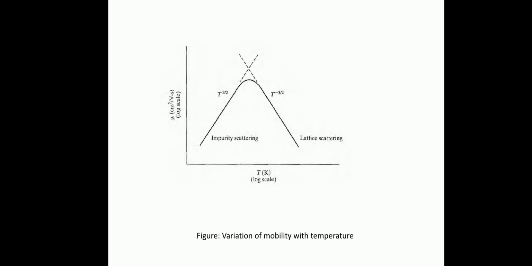So at low temperature as well as at high temperature the mobility is decreased due to this scattering. At low temperature the mobility decreases due to impurity scattering, and at high temperature the mobility decreases due to lattice scattering. So that's the figure of variation of mobility with temperature.